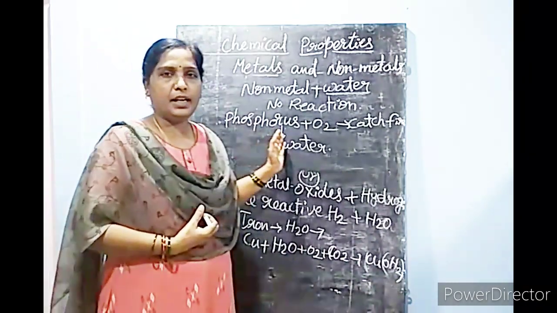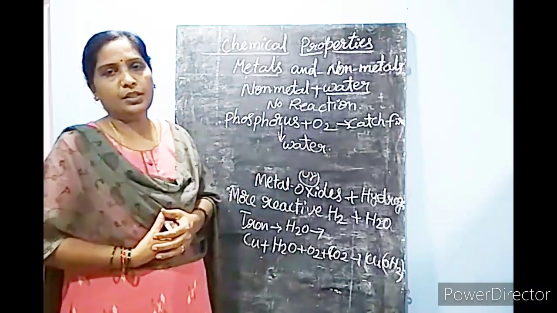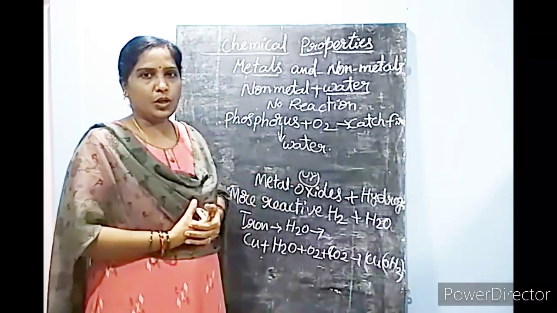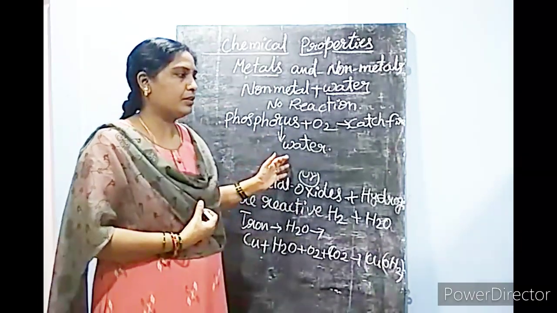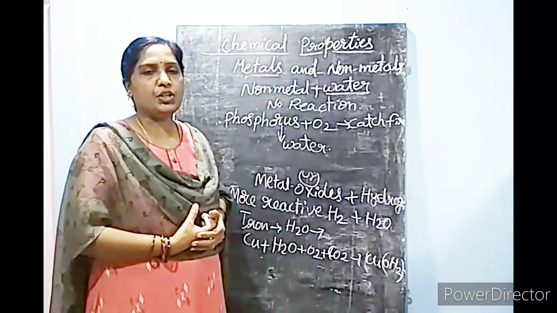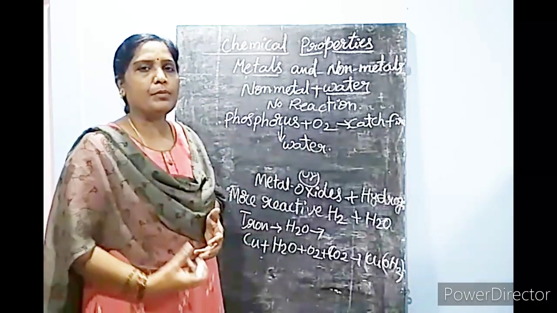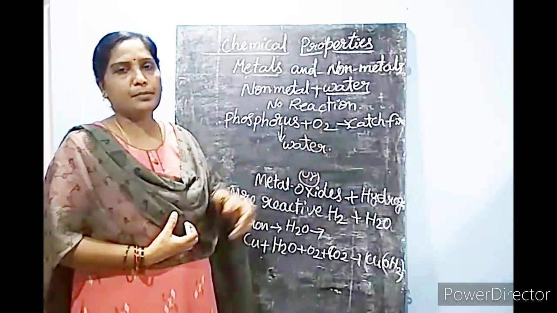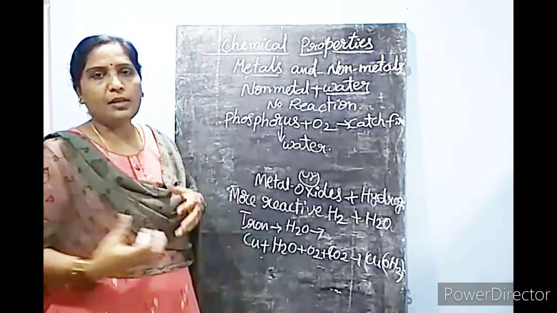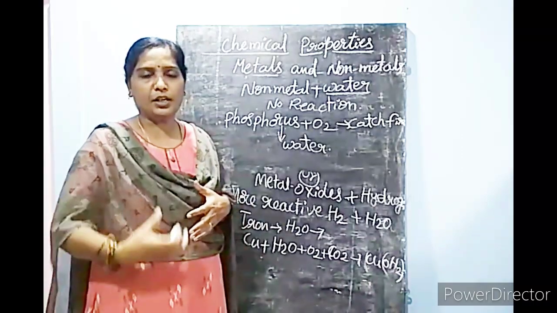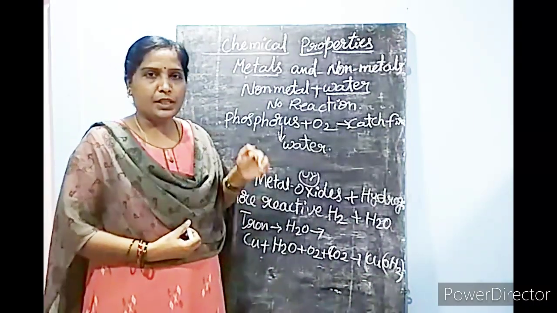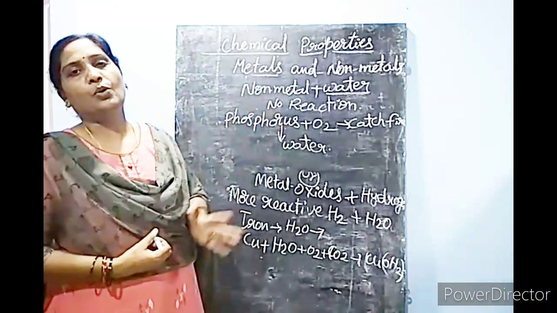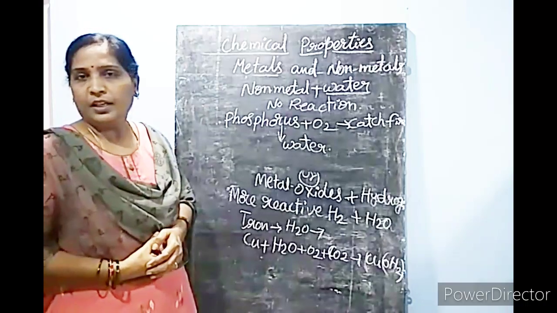And we also understood how metals react with water. When sodium reacts with water, a very vigorous reaction occurs. Sodium hydroxide is formed along with hydrogen gas and some energy. But not all metals react with water in the same manner. Only when the metal is more reactive than hydrogen will it react with water.